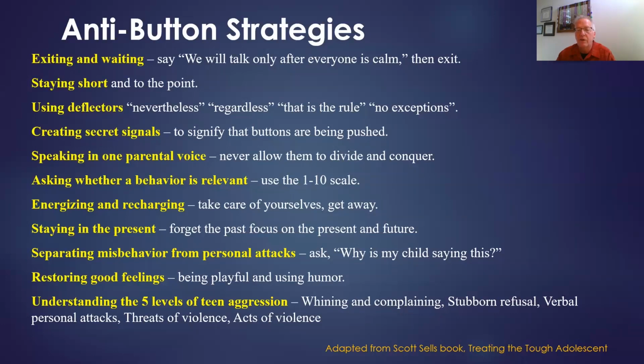We send a verbal message, but then there's a secondary message that's sent, and that's usually the message that we're not paying attention to. We're paying attention to the verbal message, and that's where buttons get pushed, and we're missing what the real message is. I think that's an important piece for parents to know, but also for counselors to know.